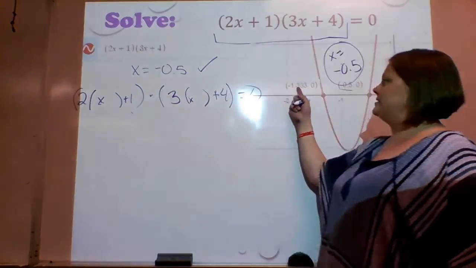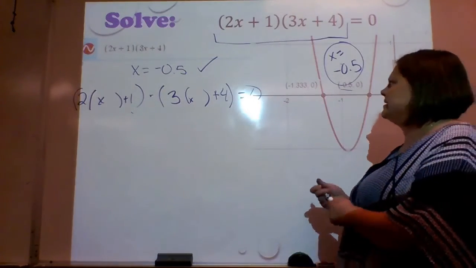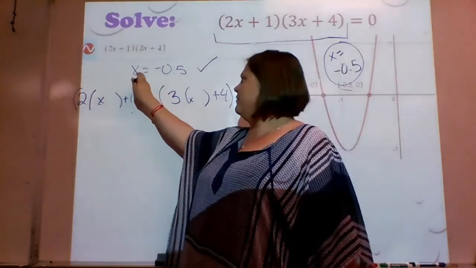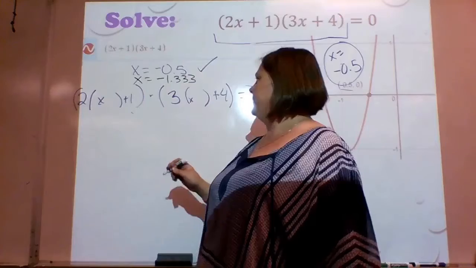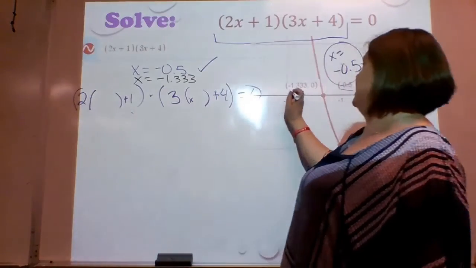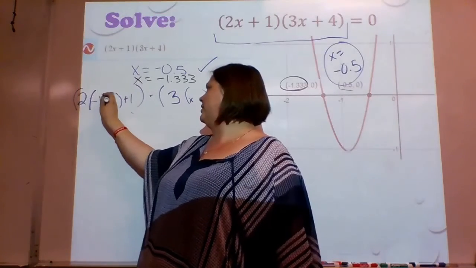I'm just going to put this in there and see what happens. I'm going to do all of those 3s that I was given. So I'm hopeful that x will equal negative 1.333, because that's what this says. I'll multiply by negative 1.33.